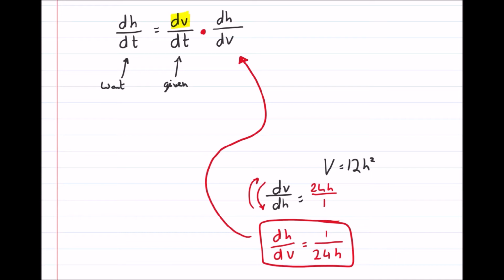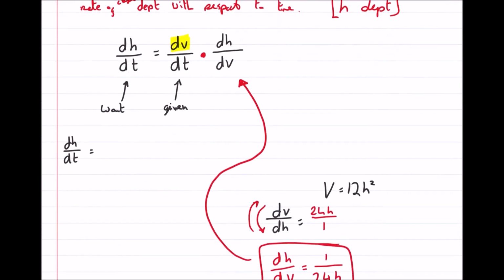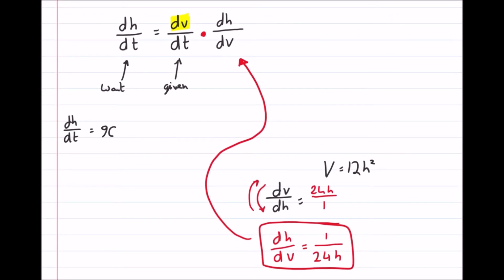Right, so let's put in what we know then. So dh/dt, so the rate of change of the depth in relation to the time equals dV/dt, I know what that is, 90, multiplied by dh/dV. So that is 1 over 24h. Okay, so I have now a formula which is dh/dt equals, and we tidy this up, 90 over 24h.